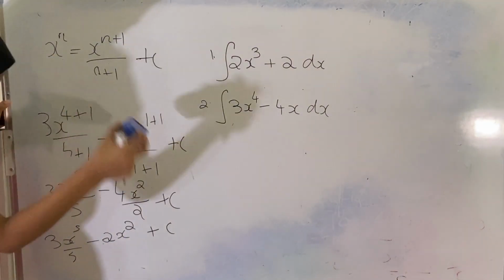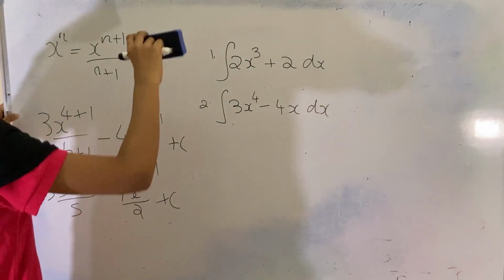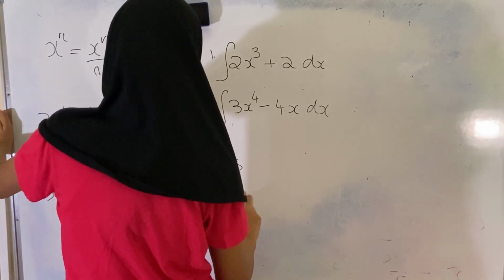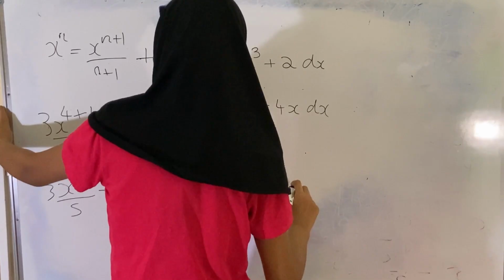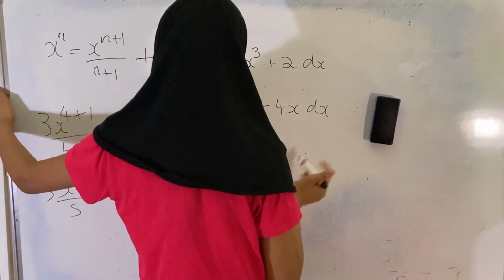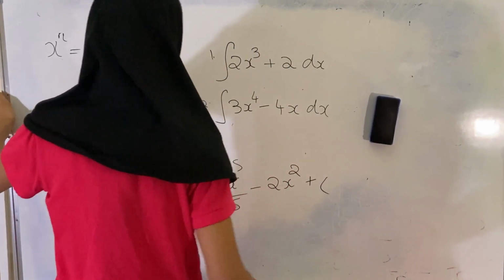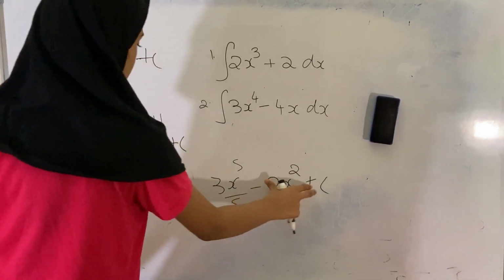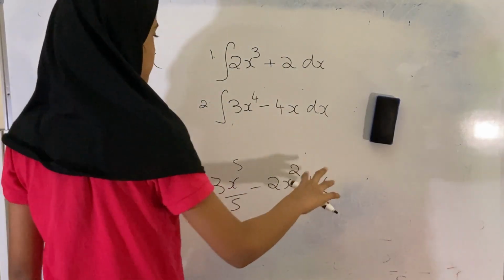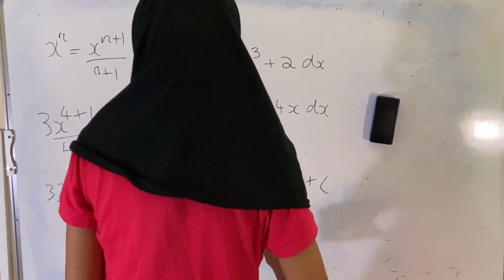I'll write down the answer correctly here. The answer is 3x raised to 5 by 5 minus 2x square plus c. So the answer of 3x raised to 4 minus 4x is 3x raised to 5 by 5 minus 2x square plus c.